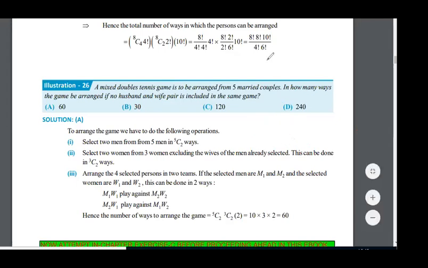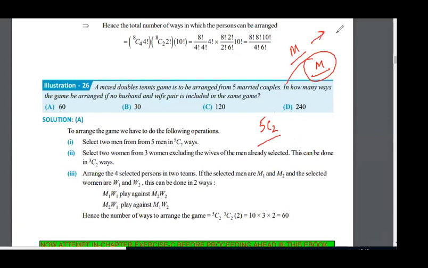So first select anyone. Select anyone. So it is 5C2. Select the men. Now, if you select a man, the wife of that person cannot be included. Yes or no? Tell me. Agree?